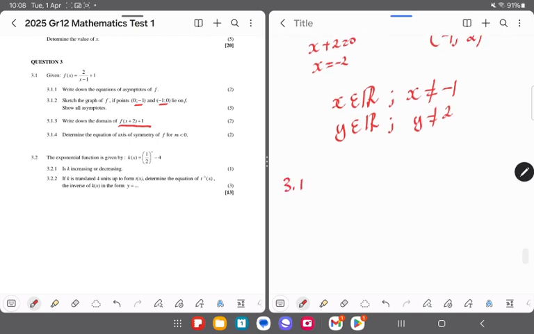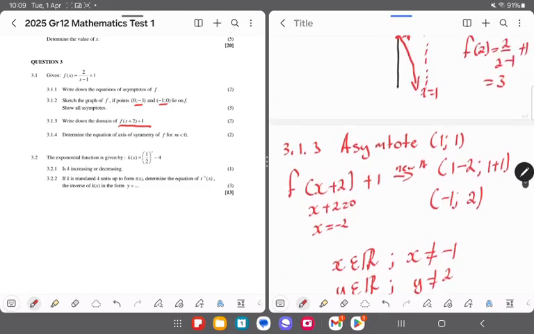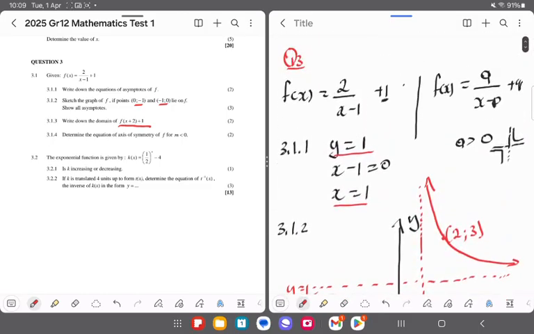Now 3.14, it says determine the equation of the axis of symmetry of f with a negative gradient. So it means if m is less than 0, then your m is equal to -1. Now if you use your equation, remember you can determine that equation using this format.